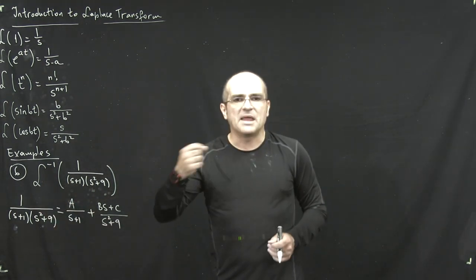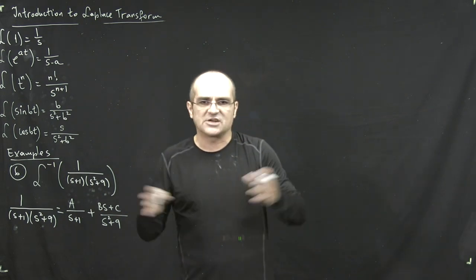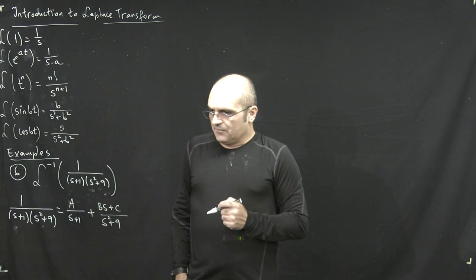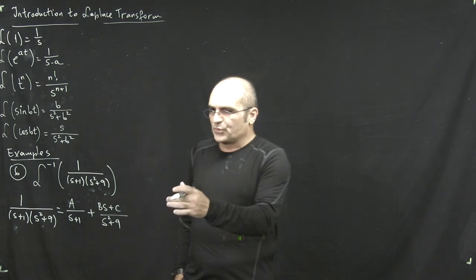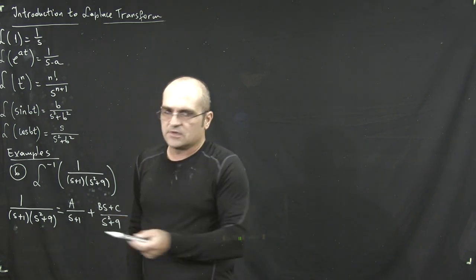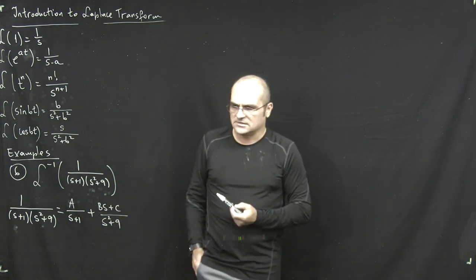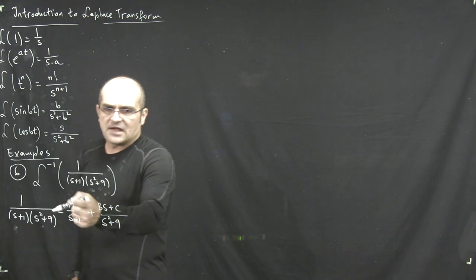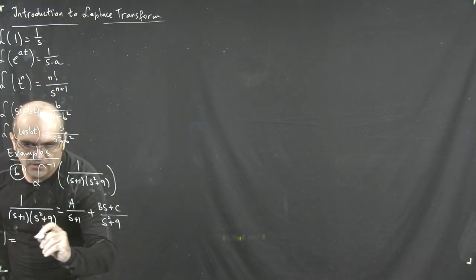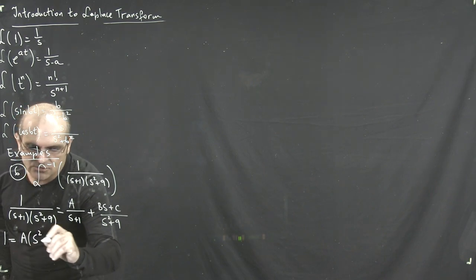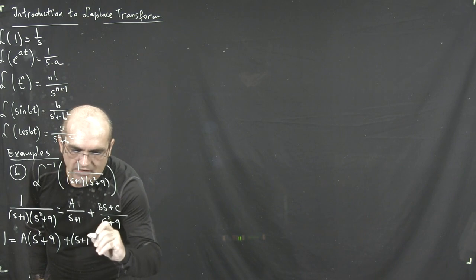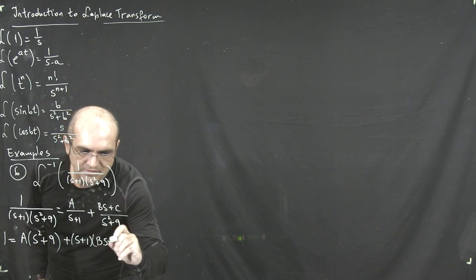Besides, by the way, Maple or other computer algebra systems actually can do the partial fraction decomposition for you. But if you have to do it by hand, you proceed just like in the previous example, except you have to determine 3 constants in the end. So if you write the common denominator on the right, then 1, which is on the left, should be equal to a times s squared plus 9, and then s plus 1 multiplied by bs plus c.